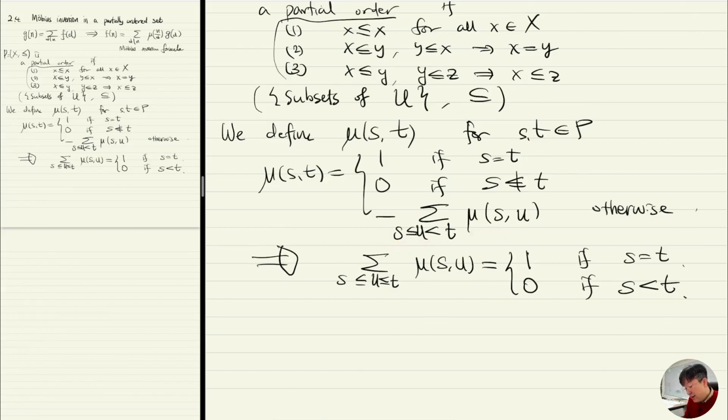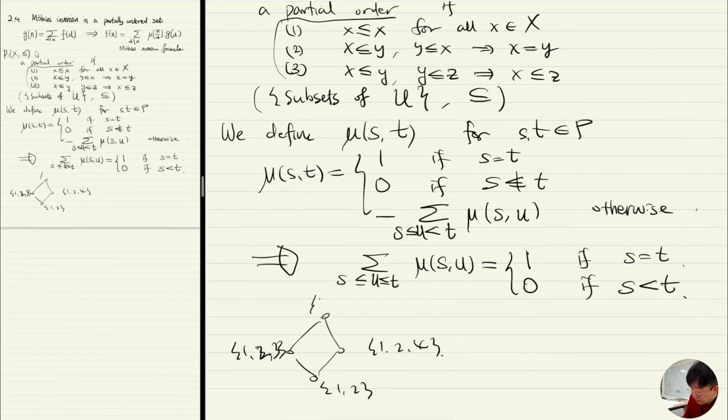So let me give an example, like {1,3}, {2,3}, and {1,2,4}, and {1,2,3,4}. If my partially ordered set consists of these four members, then mu of {1,2} and {1,2,3,4}, what is that?